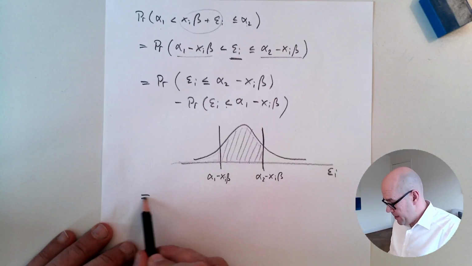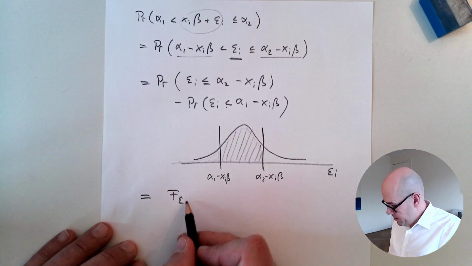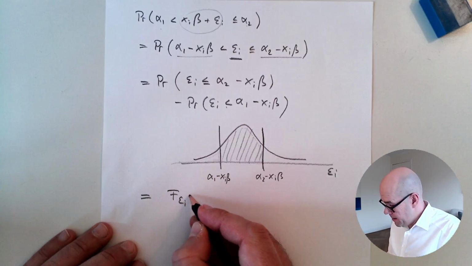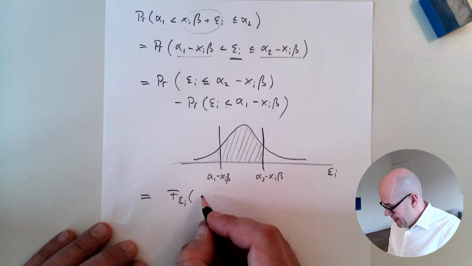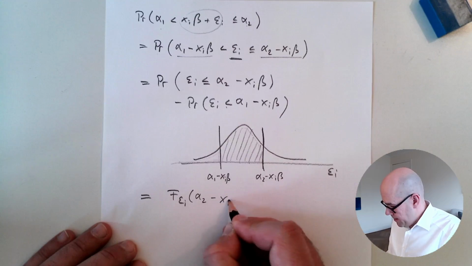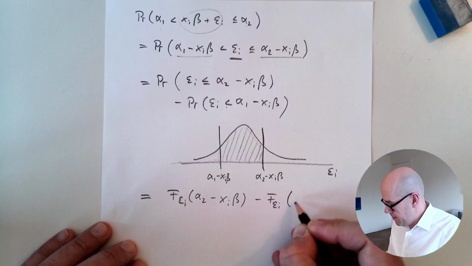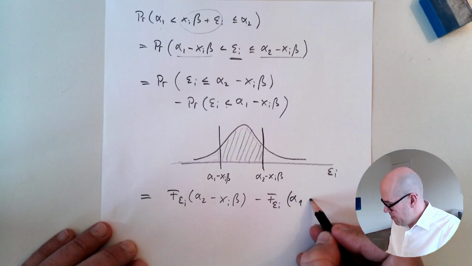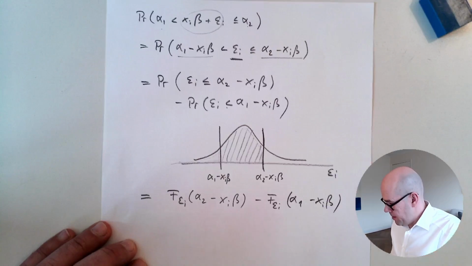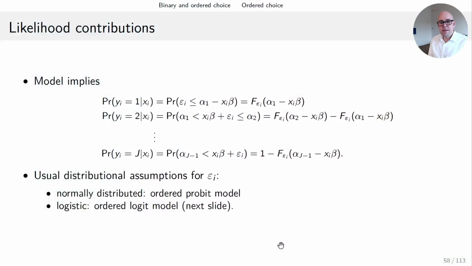Then we can write this as the difference between the CDF of epsilon I evaluated at alpha 2 minus xi beta and the CDF of epsilon I evaluated at alpha 1 minus xi beta. And this is what you see here on this slide.